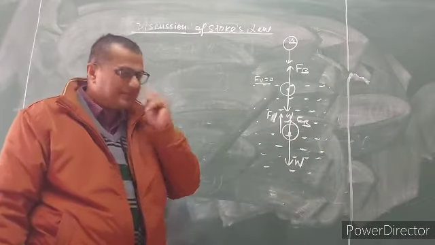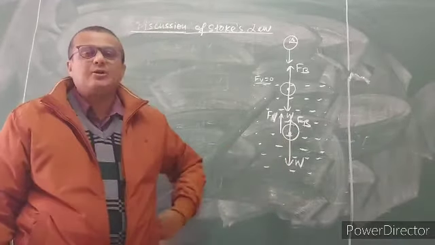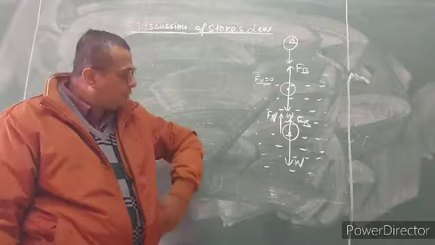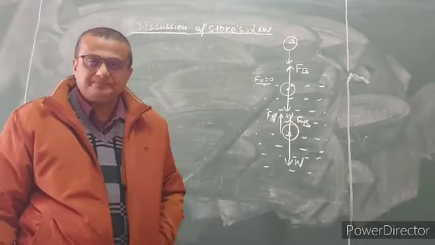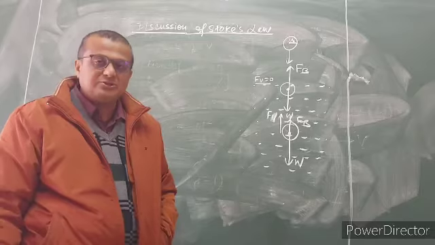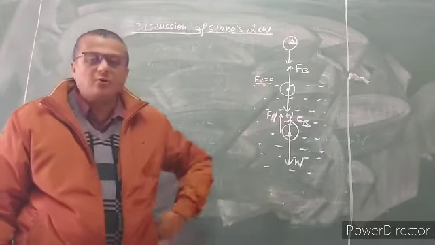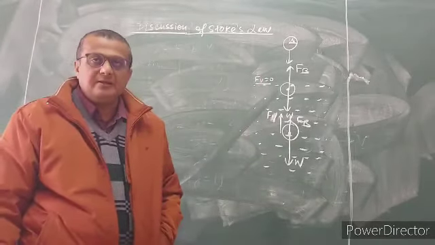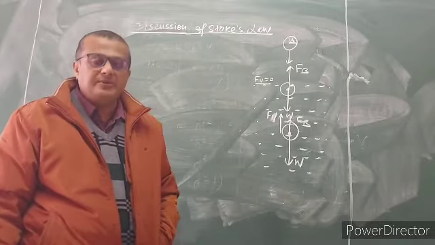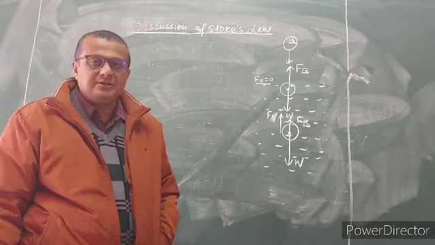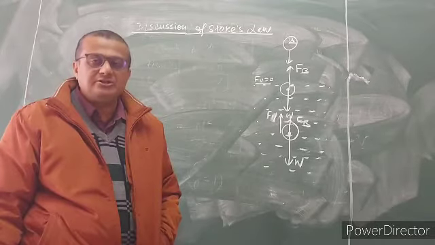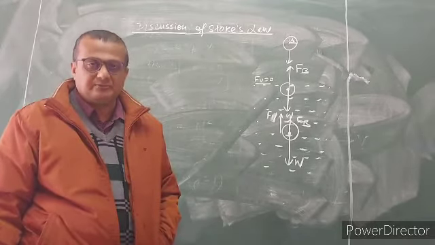At that time, it moves with a constant velocity because after some time these two forces will be equal. At this position, the upward force is equal to the downward force and the body will come in equilibrium. The body moves with a constant velocity and that constant velocity is called terminal velocity.